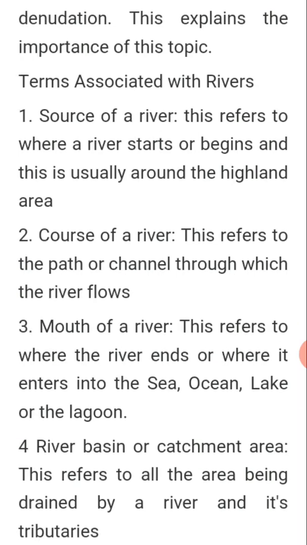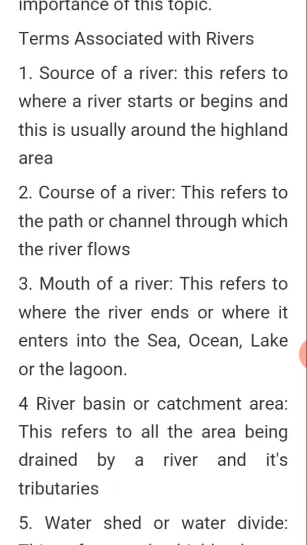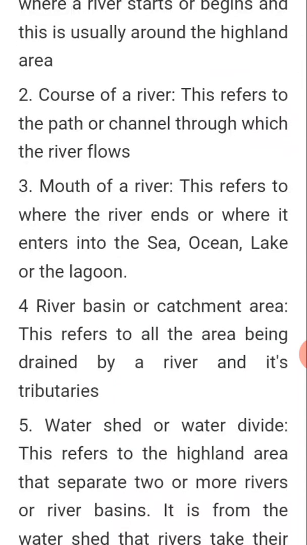There are so many terms that are associated with rivers, and these are some of them. 1. Source of a river. This refers to where a river starts or begins, and this is usually around the highland areas. Course of a river.